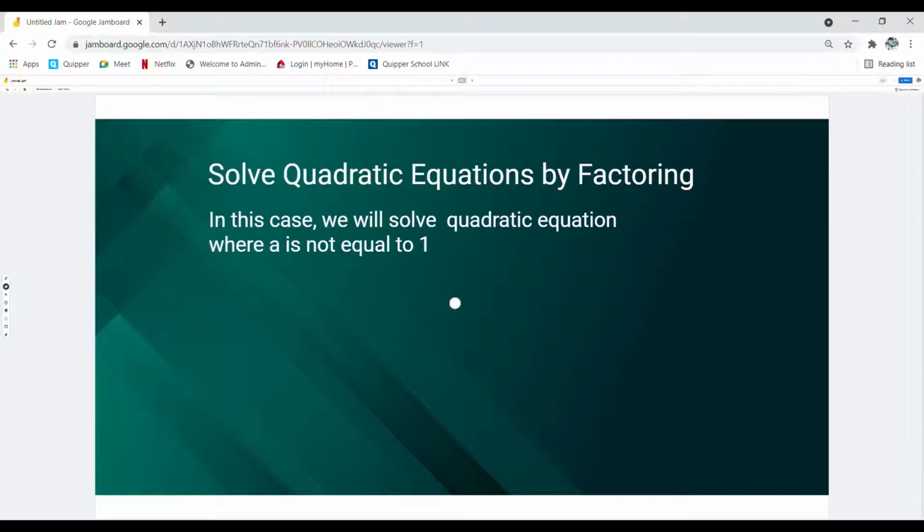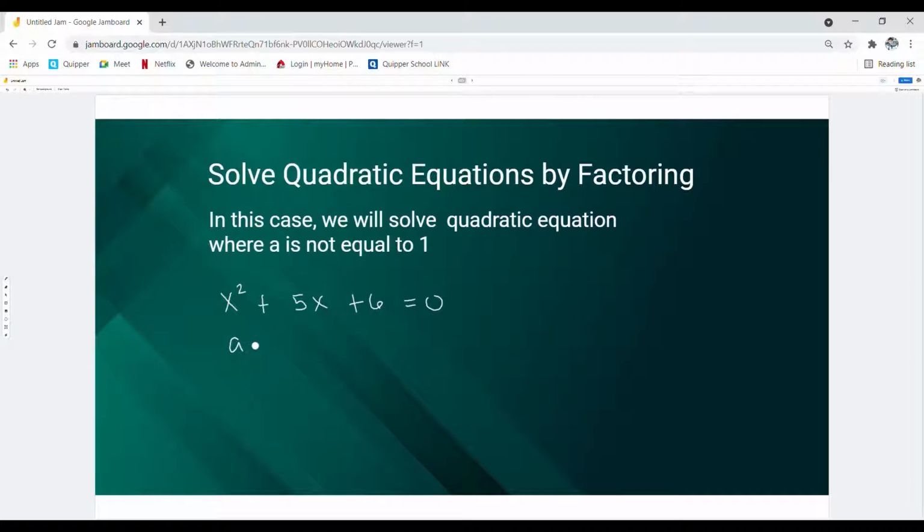Now, when we say a is not equal to 1, that pertains to the value of a. In the previous video, we had an example: x squared plus 5x plus 6 equals 0.